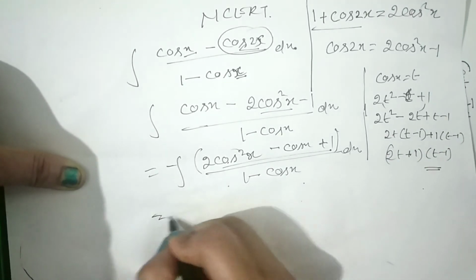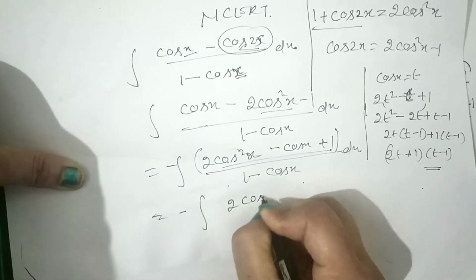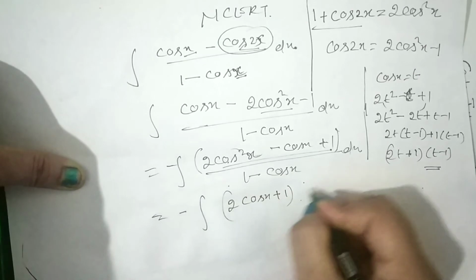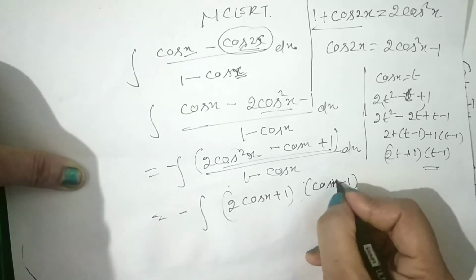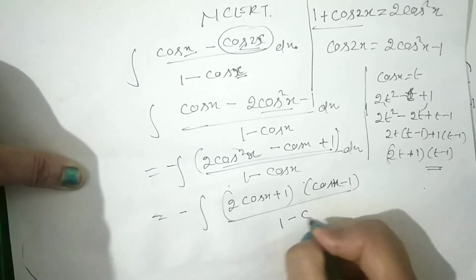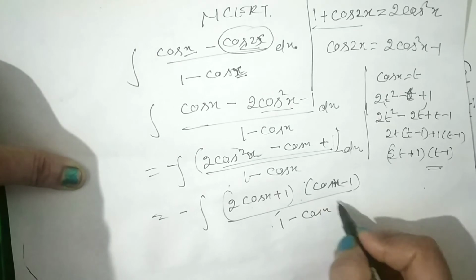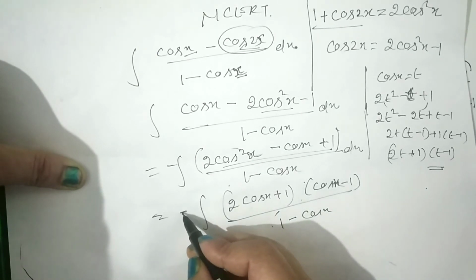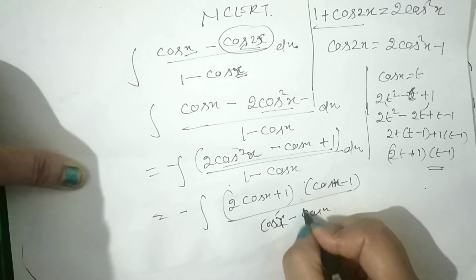What will this be after factorizing in this way? 2 cos x plus 1 into cos x minus 1. You can see if I take the minus sign common from here also, that will cancel with this minus sign, and this term will be cos x minus 1.